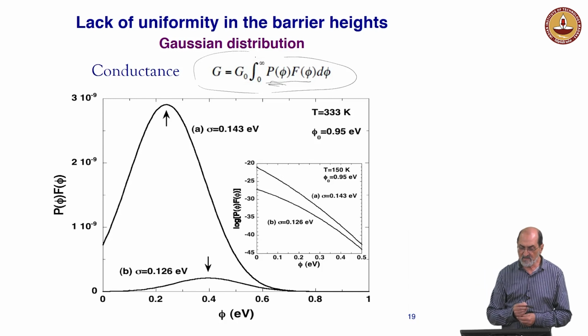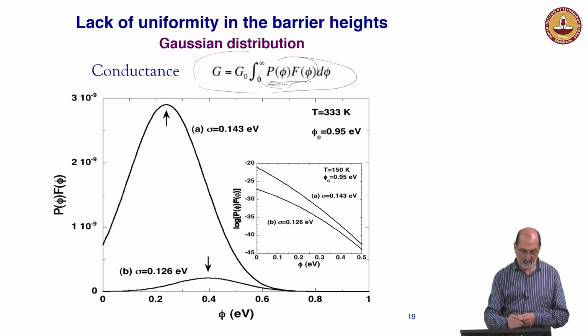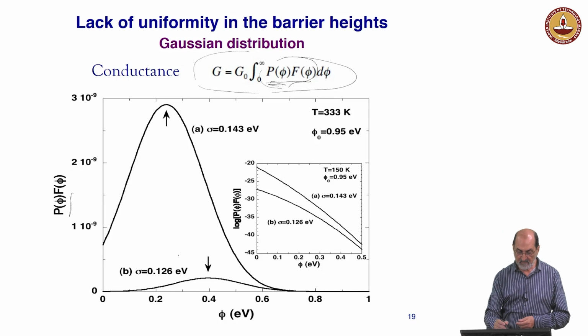And what is the shape of the integrand, which is the product of the Fermi-Dirac function, which essentially is a Boltzmann, and the probability of jumping in that place that corresponds to a specific barrier height. Well, I did it for a couple of numbers that they propose.